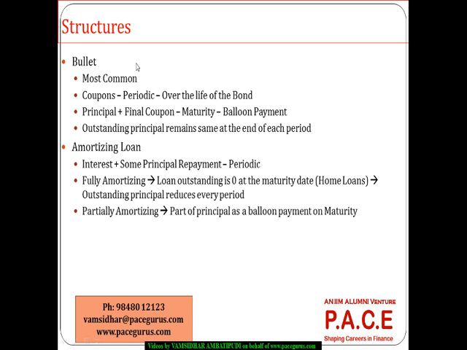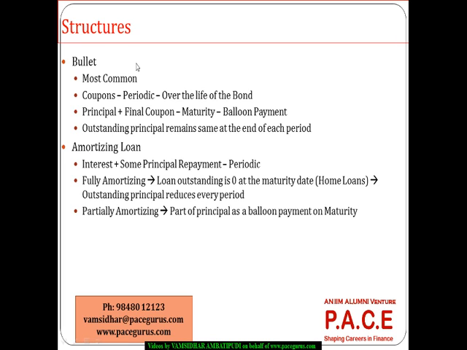And what we typically see is that some of these amortizing loans may be fully amortizing and some of them may be partly amortizing. Whenever I talk about a fully amortizing loan, all the principal is repaid by the maturity date itself, which means just when the maturity date arrives, the outstanding principal becomes zero. Whereas in a bullet structure, the outstanding principal at the maturity date is the entire principal amount.